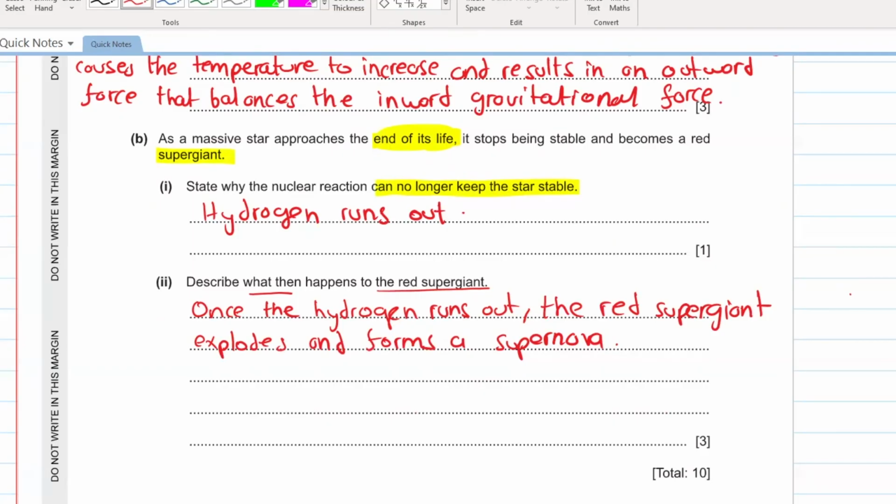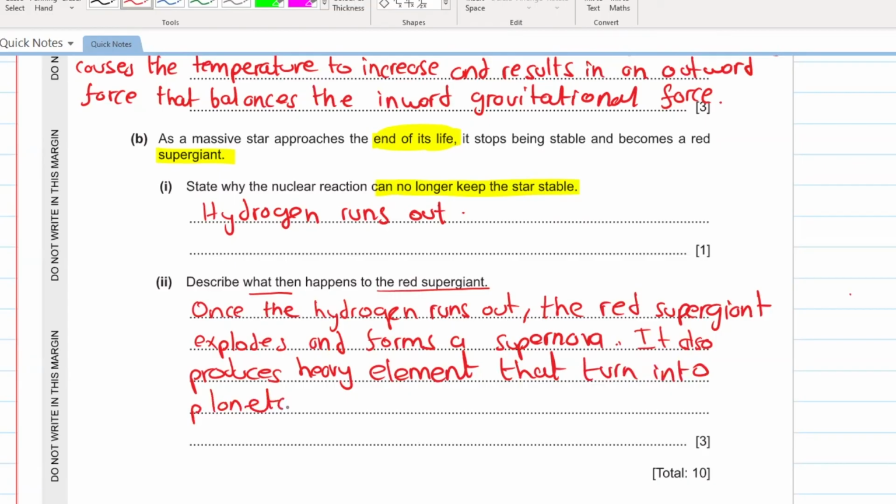What else happens? The red supergiant also produces heavy metals that turn into a planetary nebula.